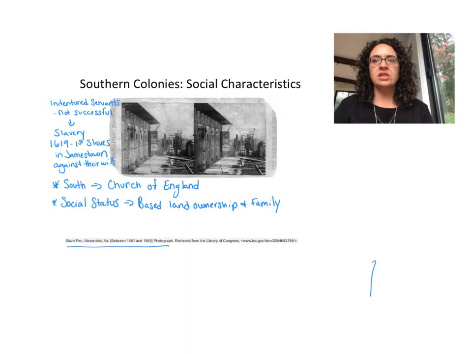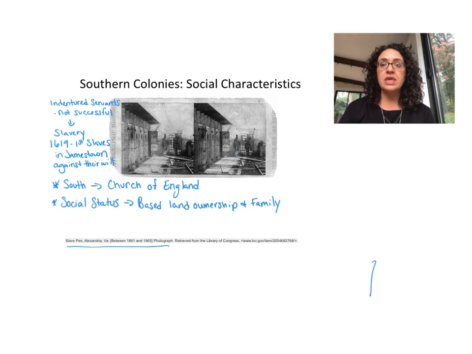So again, just to summarize the characteristics of the Southern Colonies, the political characteristics was going to be a representative government. It was too spread out for people to participate in direct government, so they would elect someone to represent them. The economic characteristics was based primarily on the coastal region and the cash crops, which then led us directly into slavery and the increased demand for slaves.